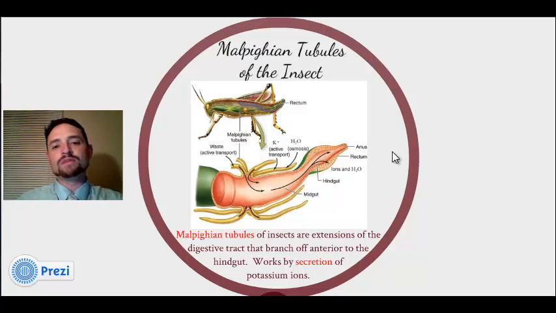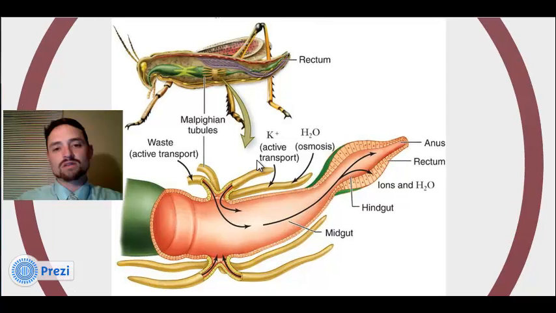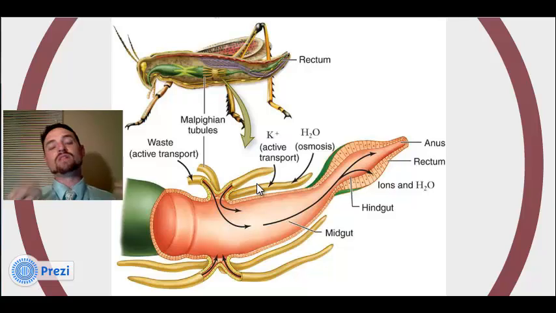Let me zoom in on this a little bit. You get potassium actively transported into the Malpighian tubules, and that will cause water through osmosis to also be secreted into these vessels. So that gives the liquid that needs to be in there. Then the waste is actively transported into these tubules as well.